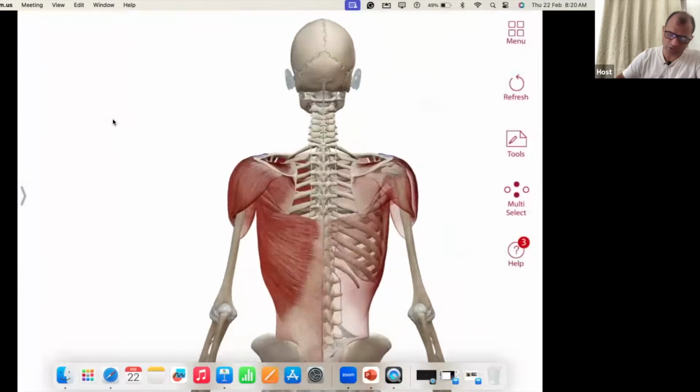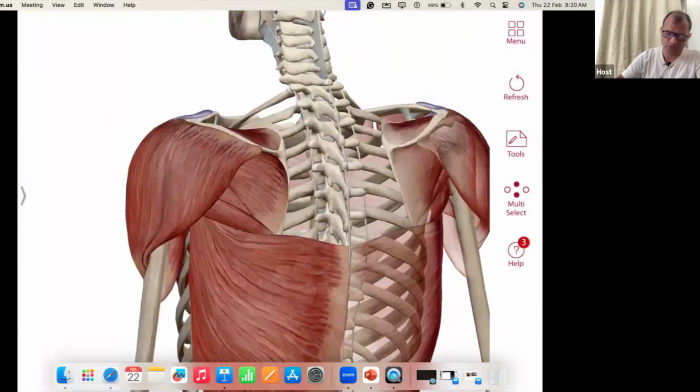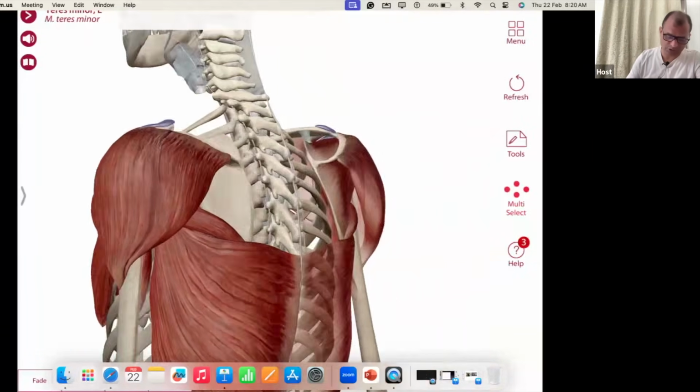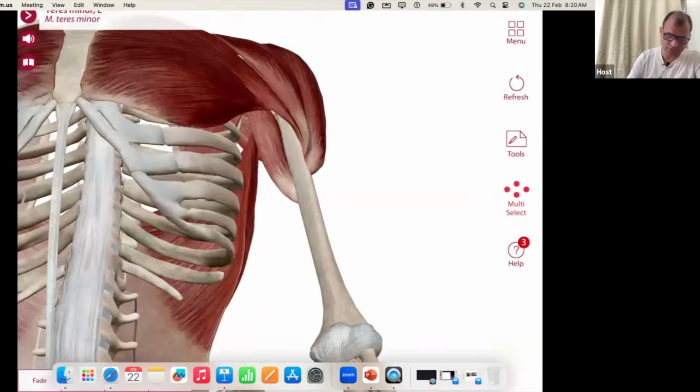Number one, we talked about the rotator cuff: supraspinatus, infraspinatus, teres minor and subscapularis, which is on the front side. Our first one was the rotator cuff. Subscapularis was on the front side, which is not visible from here.